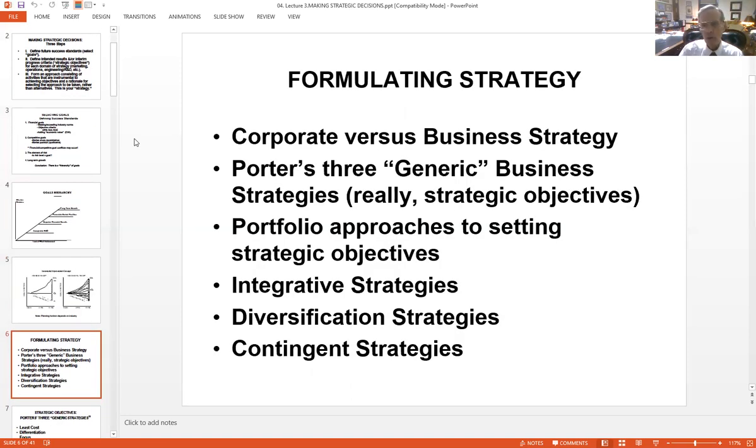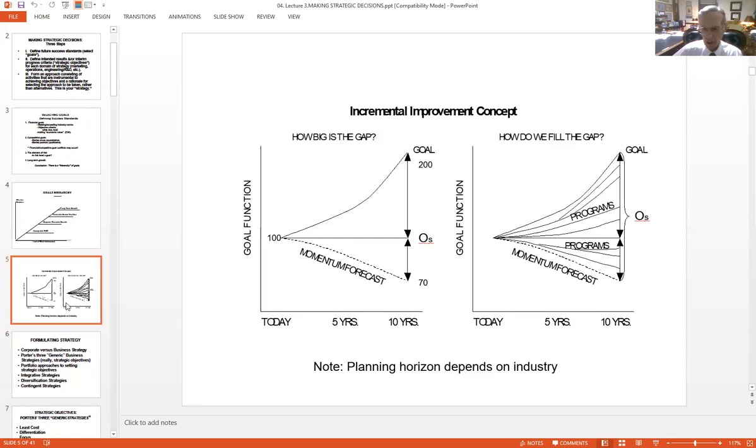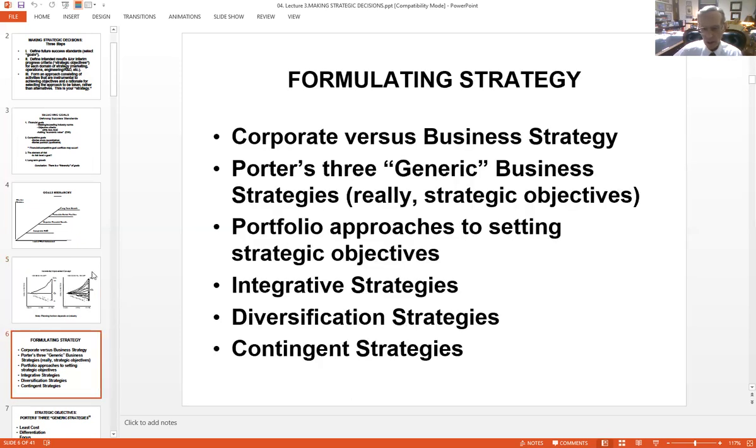Okay, so once we've got these projects and programs, or we think we want to have them, the question is exactly what approach is going to be taken. What do those activities consist of? And of course, they exist at both the corporate level, where we might consider acquisitions, mergers, and so forth.